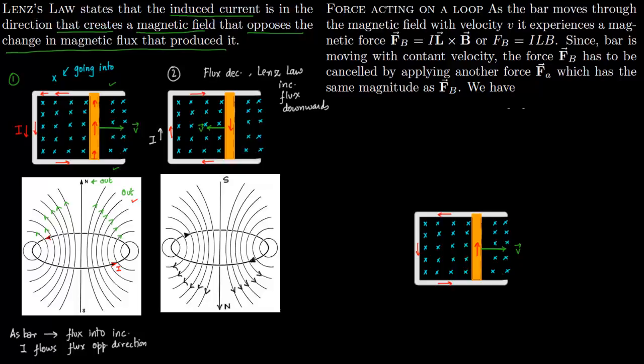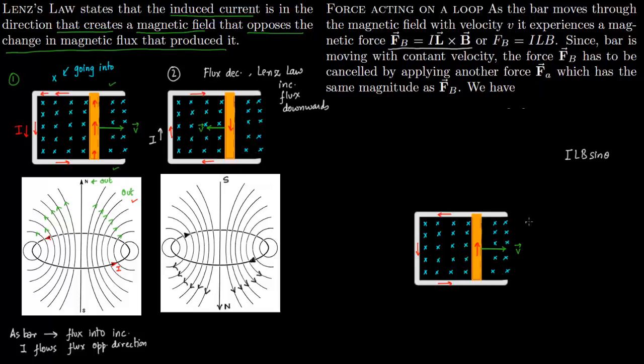Now consider force acting on a loop. As this bar moves towards the right, it experiences a force. The magnetic force is given as I L vector cross product with B vector. This we had discussed in previous chapters. So the magnitude of the force would be I L B sine theta.